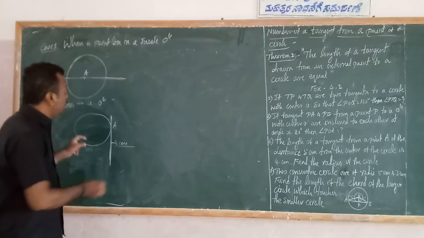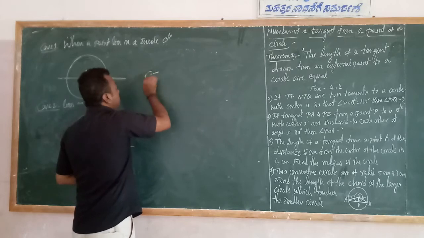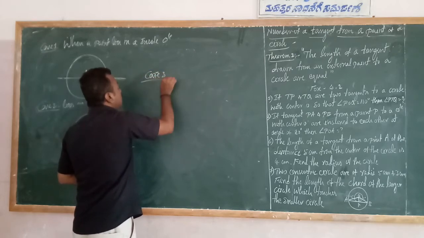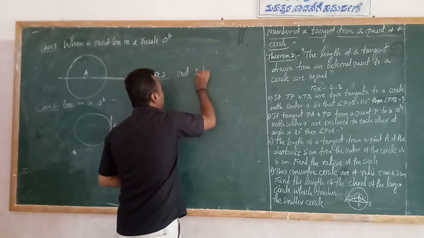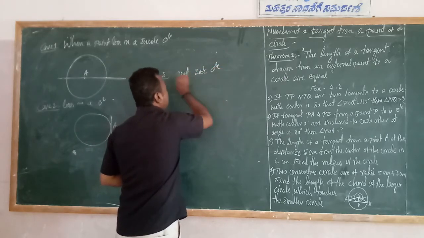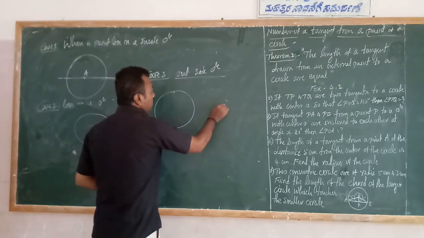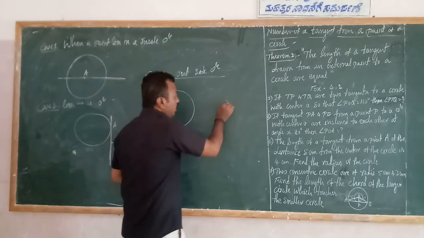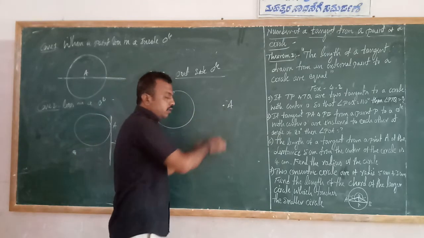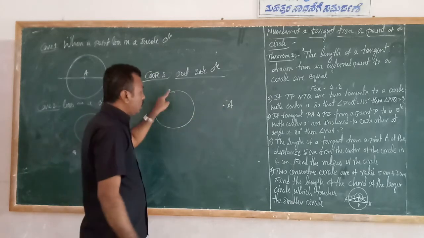Okay, then here the third case, case 3. Point outside the circle. See, this is one circle. This is the outside point. This point A is called outside of the circle. Can I draw tangents from point A to the circle?